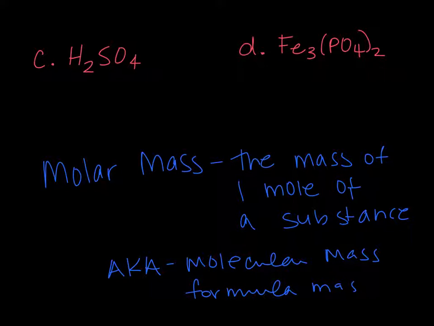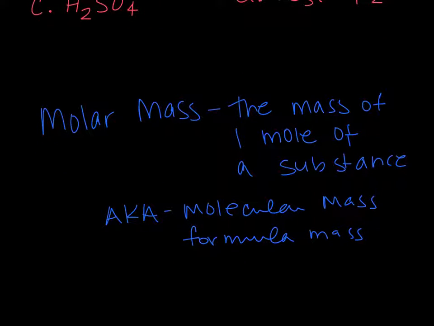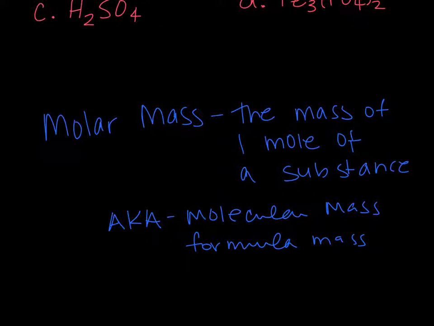I've seen gram formula mass, which is the same. It's the same thing. Also atomic mass for atoms, but it's all molar mass, and so it's the bottom number or the top number, the side number, wherever it is on your periodic table. Usually it's underneath the element.